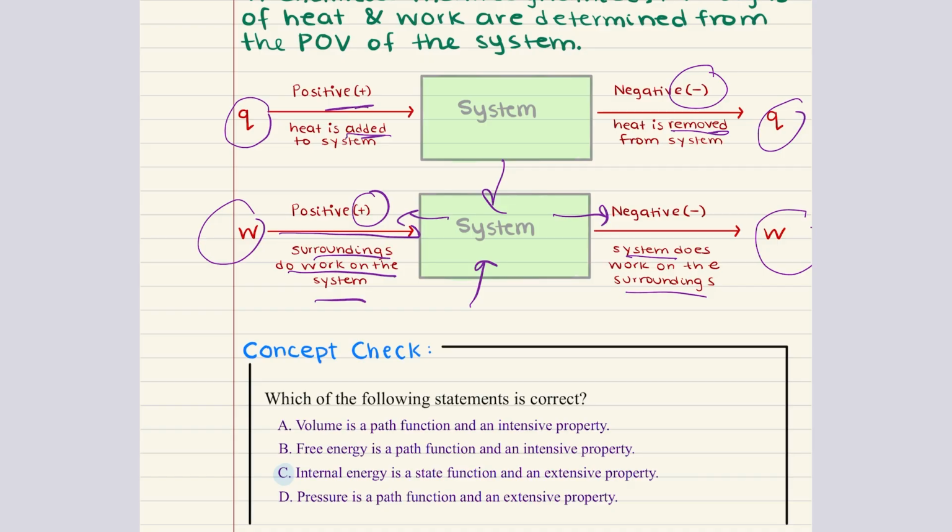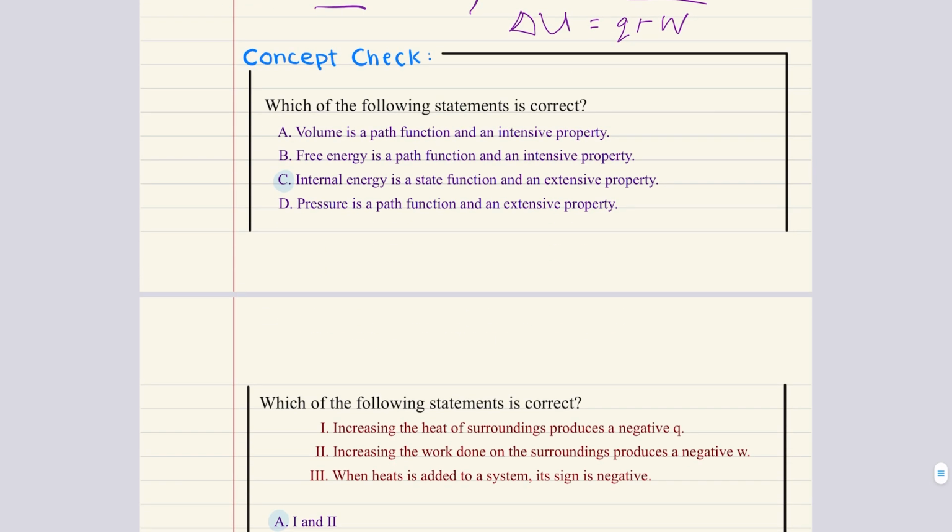Keeping track of these signs is going to be important, not only in this lecture, but all of the videos that are going to follow that discuss thermochemistry, because it helps us correctly determine whether the system is gaining or losing energy overall. And since we're going to be using our equation, delta U is equal to q plus w a lot moving forward, you'll want to make these sign rules second nature. And the best way to do that is to tackle a couple of practice problems.